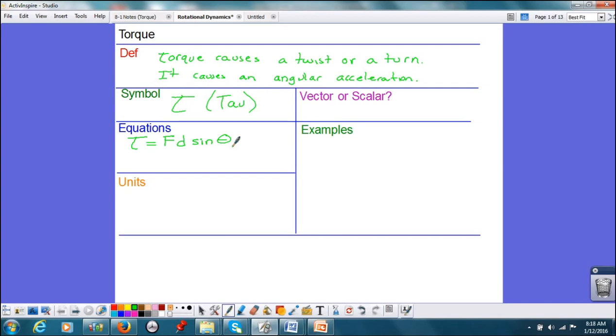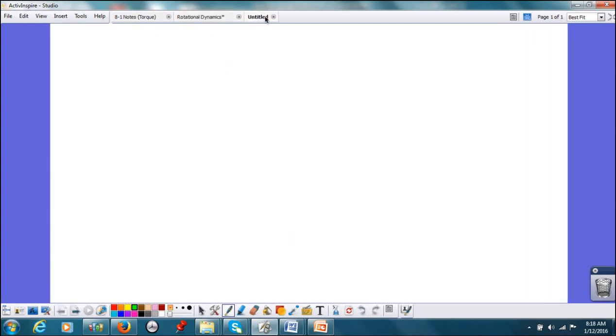However, we have some more equations, okay? We talked in the past about how some things are related linearly and rotationally, okay? So we've got linear concepts, and then we've got some rotational concepts.